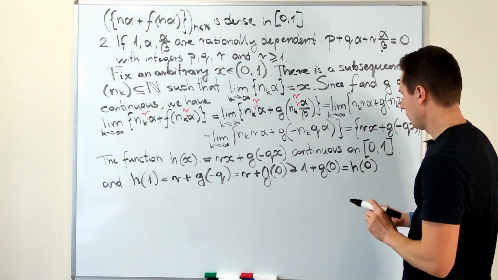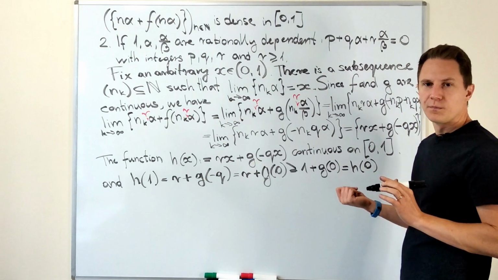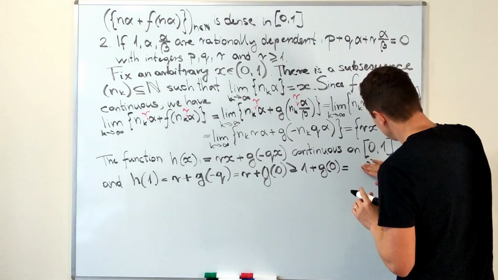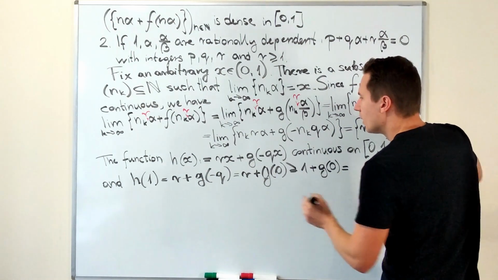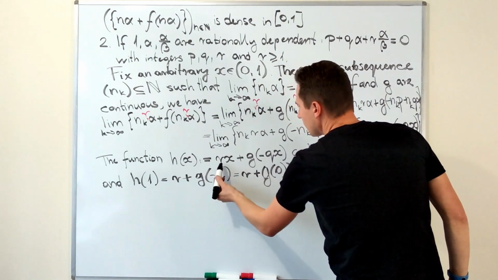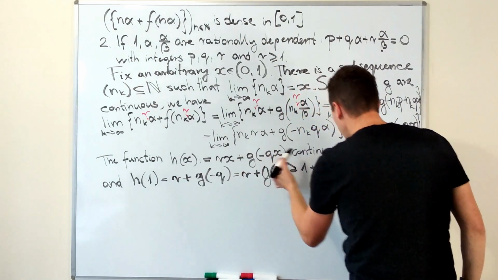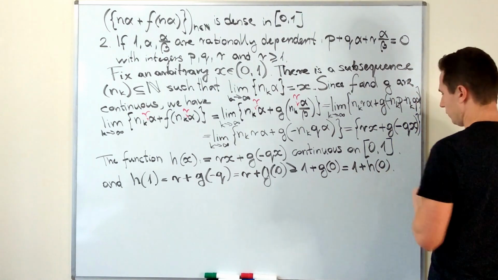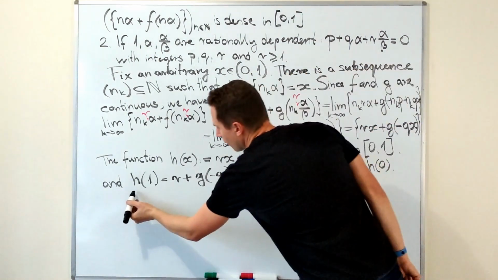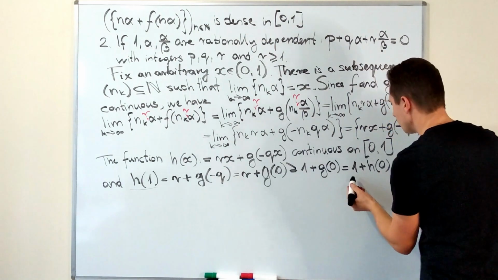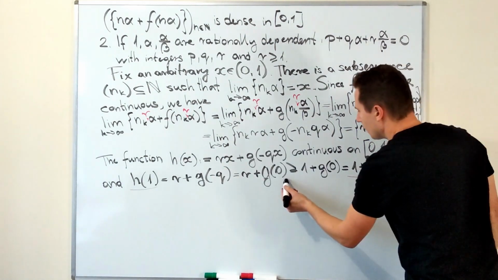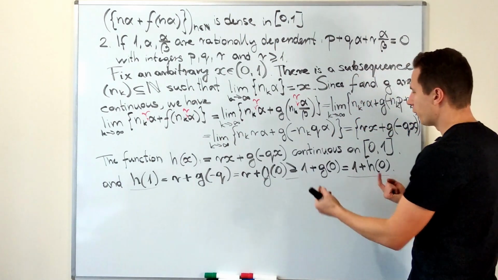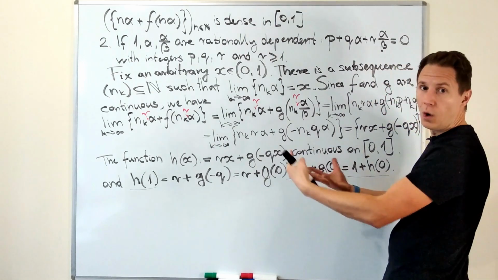Why is that true? If I take h of 0, I get 0 plus g of 0. So that was the point: at the different ends of this interval, the two values of h differ by at least 1.